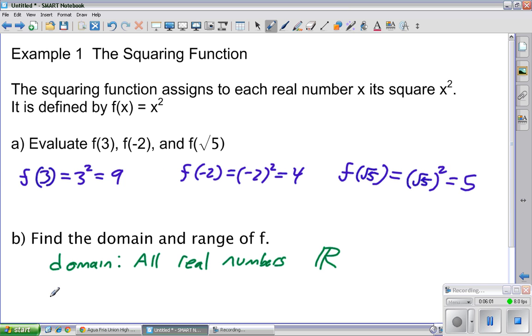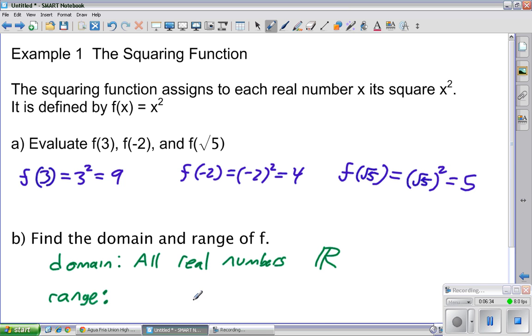The range is a little bit more difficult. You have to think about, once you plug in every real number, what sorts of outputs do you get? What might the machine spit out as an answer? So, for the most part, with a squaring function, usually it's just going to be a larger number. 0 squared is 0, so 0 is an acceptable output.